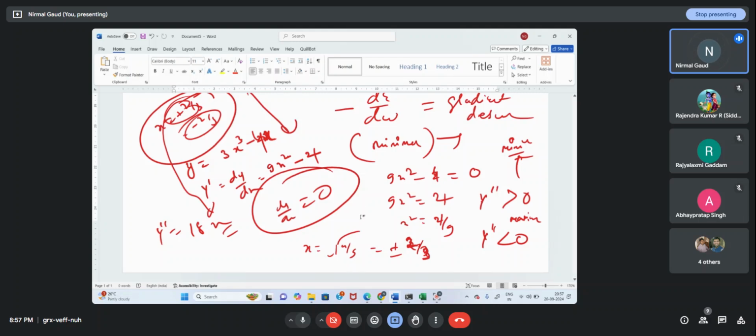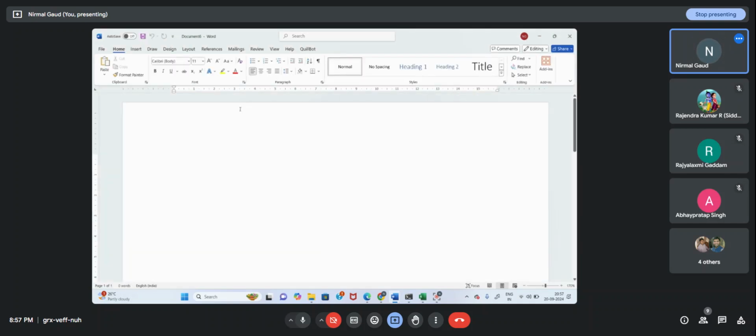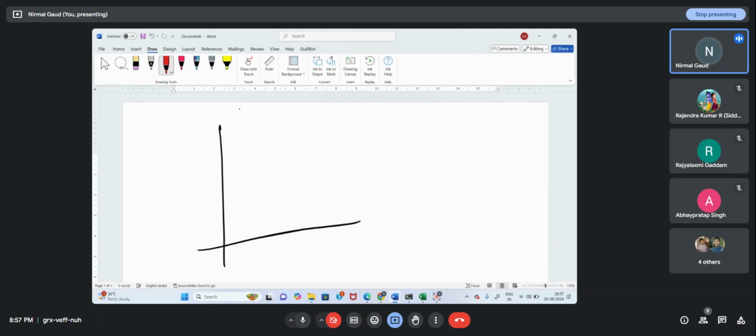Okay, got it. A function is kind of a behavior, and it can have any shape. Here you can see the function is increasing, then it is going to decrease.